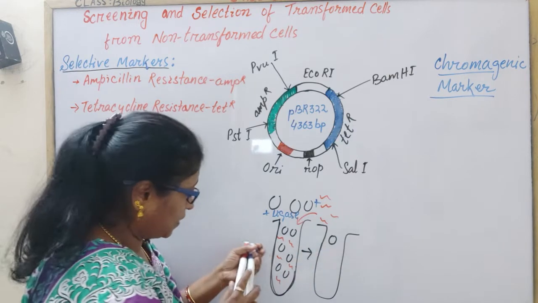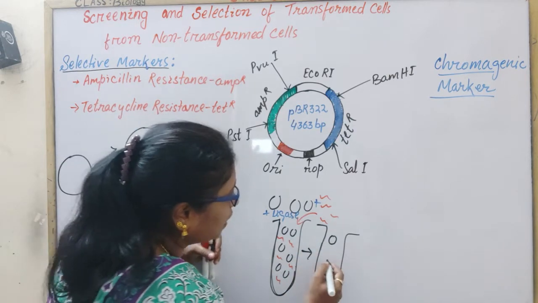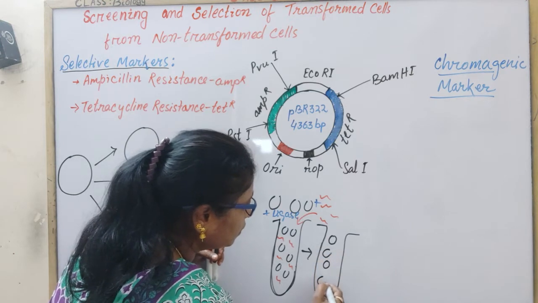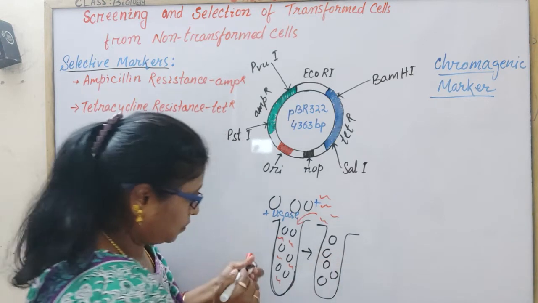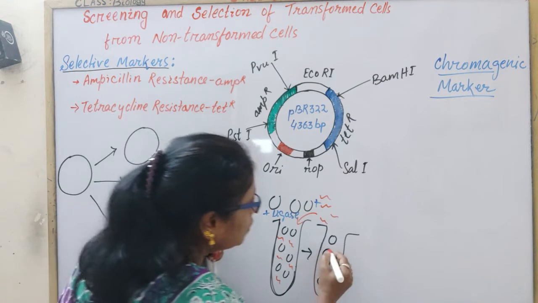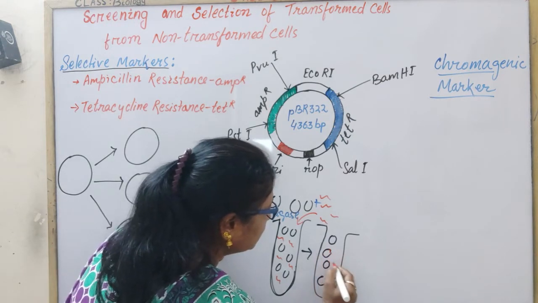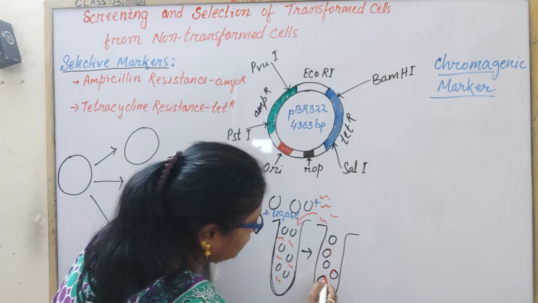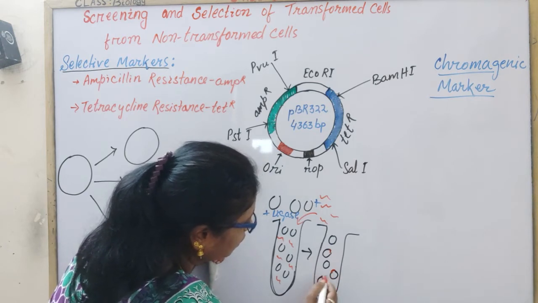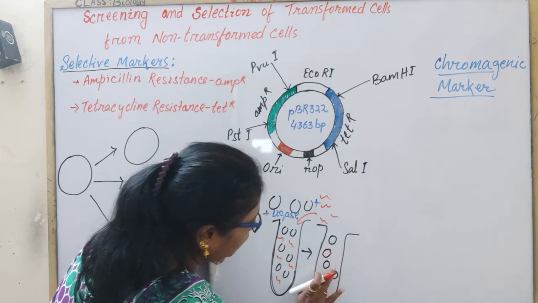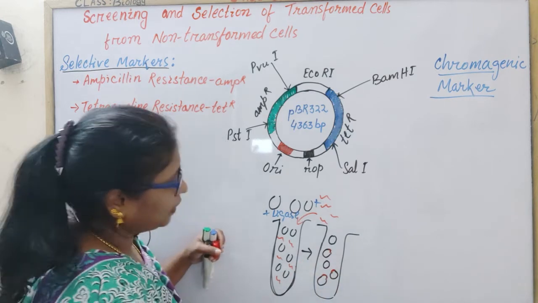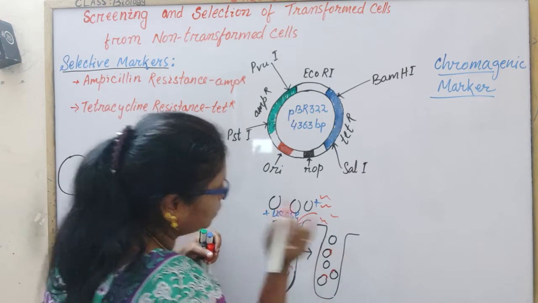So some rejoin themselves, but some join with the desired gene or DNA fragment like this. I am giving red color for the desired gene. Like this these are produced.